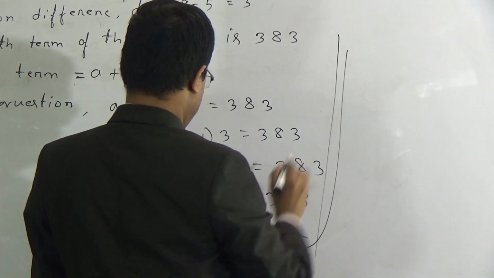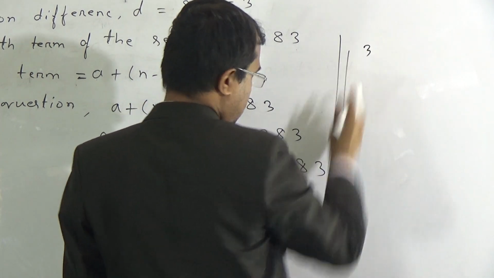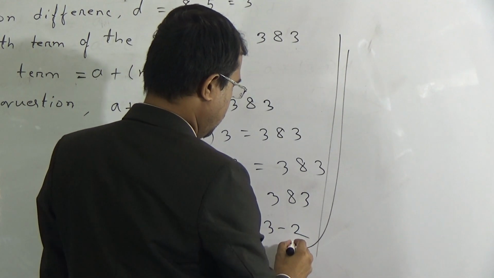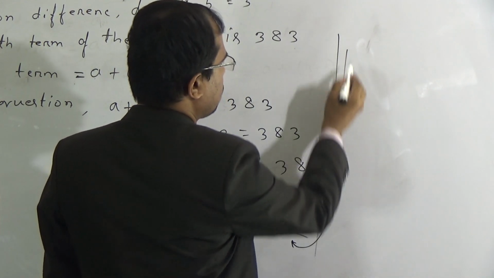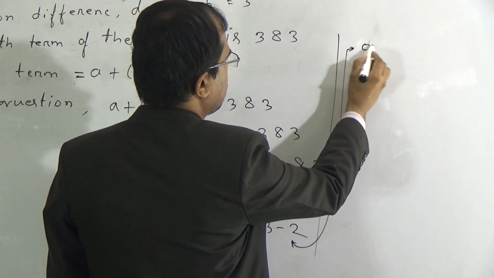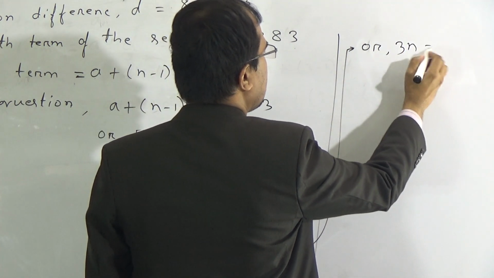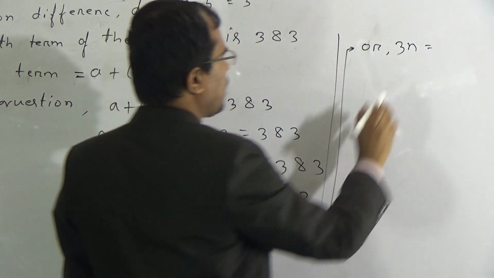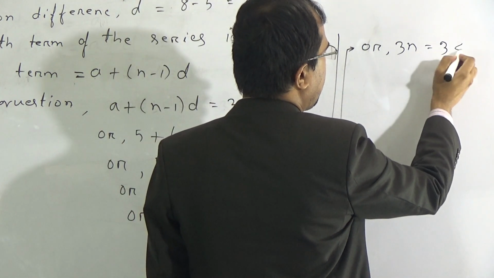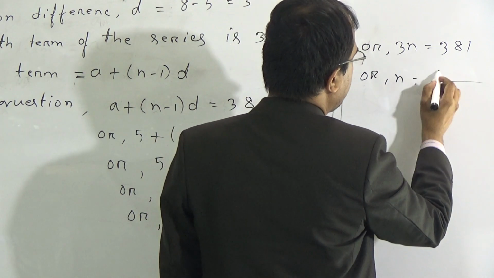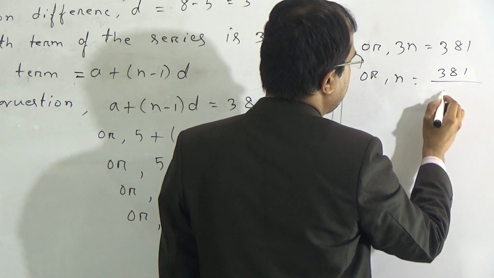Now 3n equal to 383 minus 2, this is equal to 381, or n equal to 381 divided by 3.